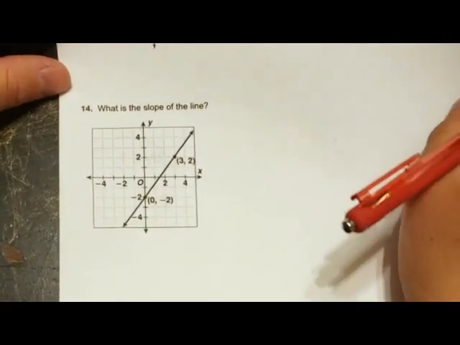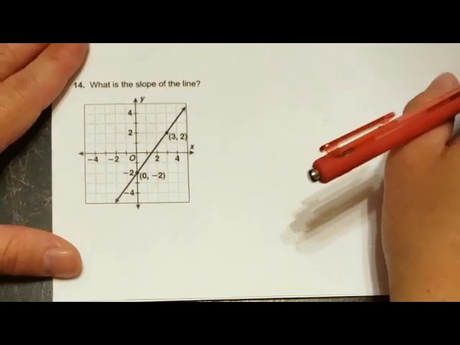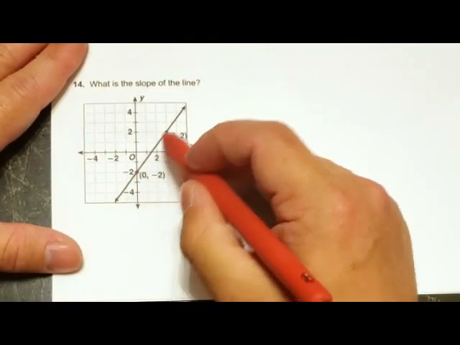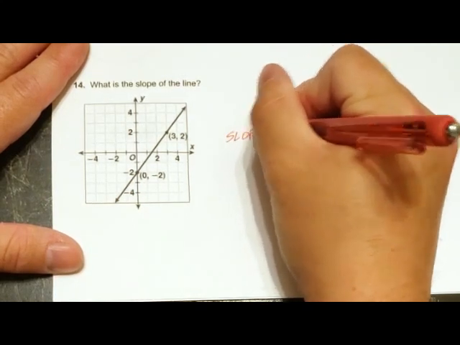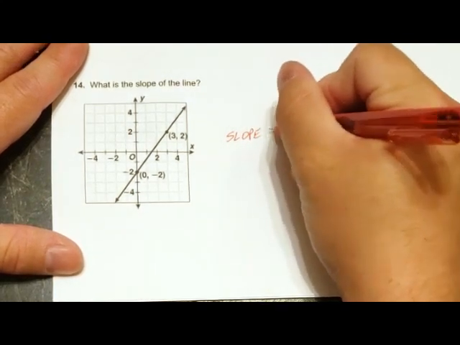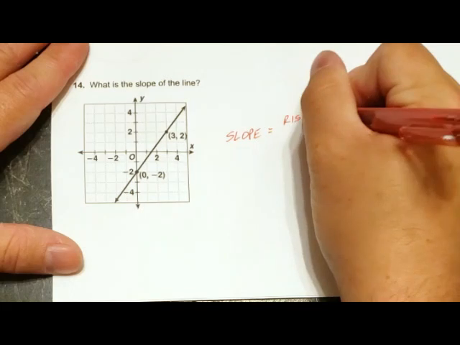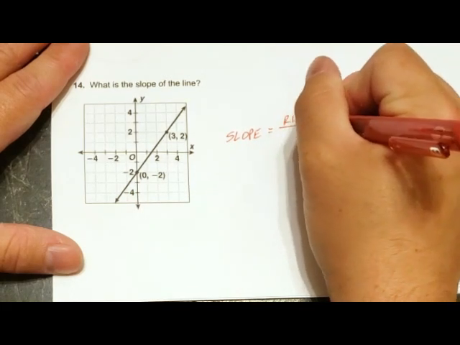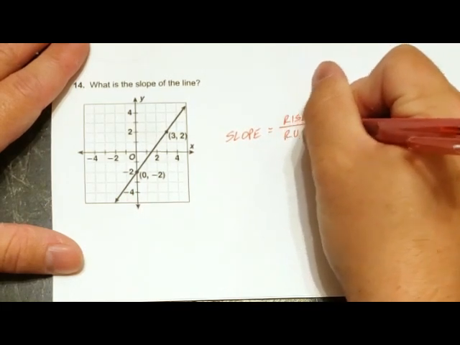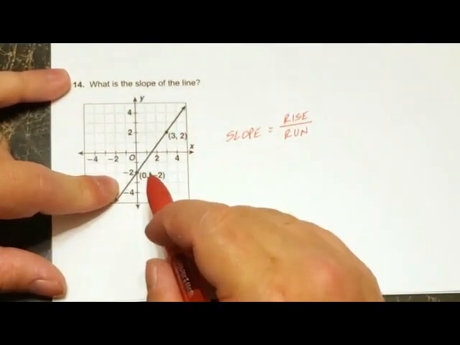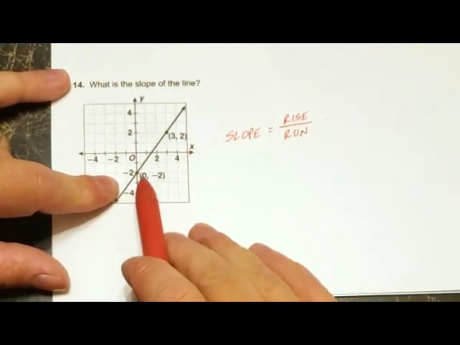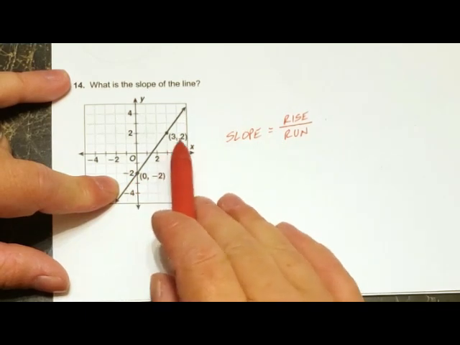Okay? Number 14, what is the slope of the line? All right, they have given us 2 points on this line. So to find the slope, you put the rise, that's the up and down, over the run, that's the side to side. So let's go over here, and let's say we're going from 0, -2 to 3, 2.